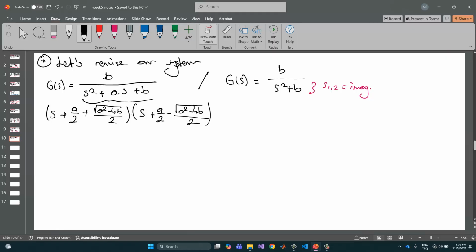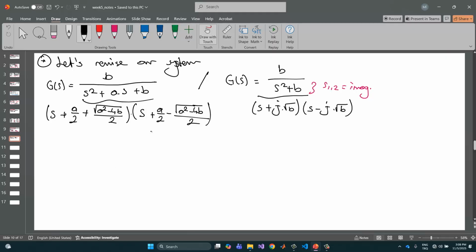This is the expansion form of the formula for the poles, okay? But in this case, we have s equals plus j square root b and minus j square root of b, okay? This is undamped, but that is damped, right?